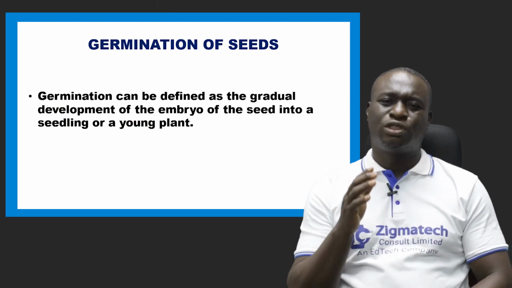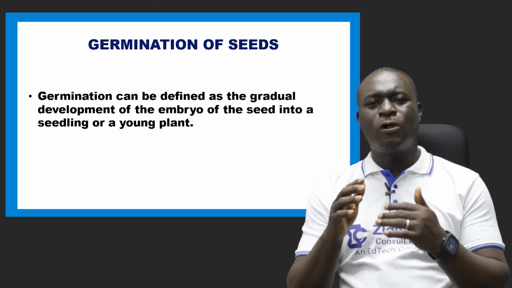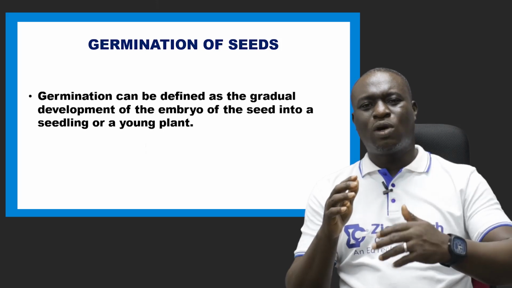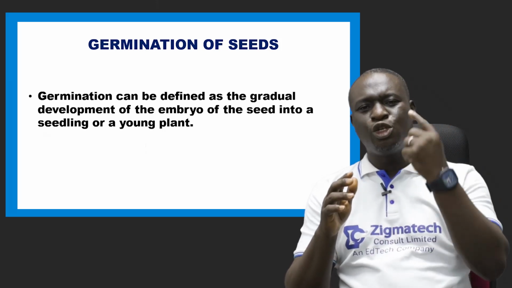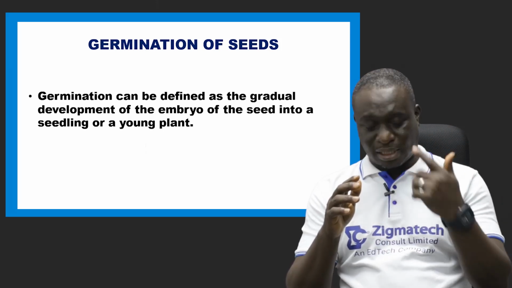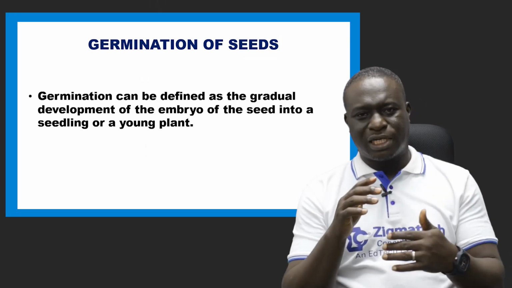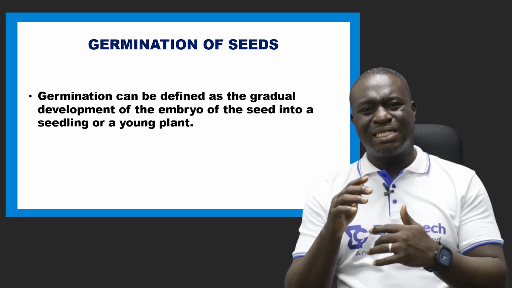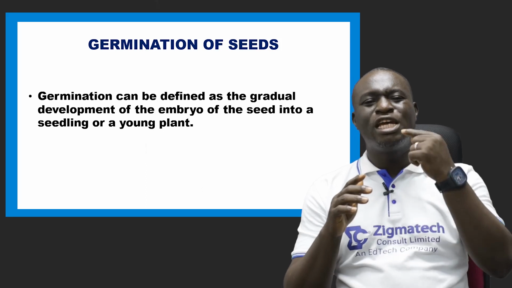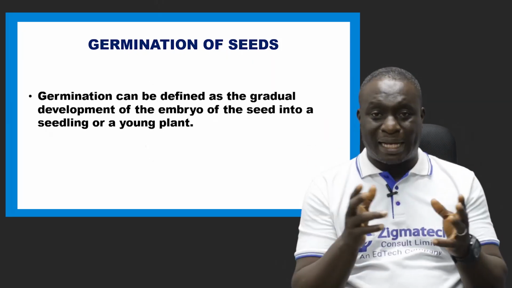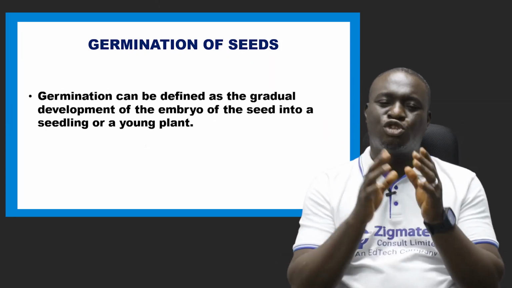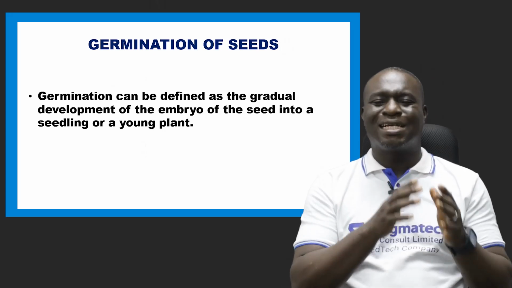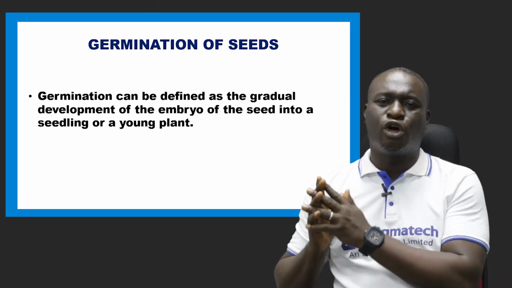Now, the next thing to take a look at is the process by which this seed develops into a new plant or a young plant. We call that process germination. So what exactly is germination of seed?